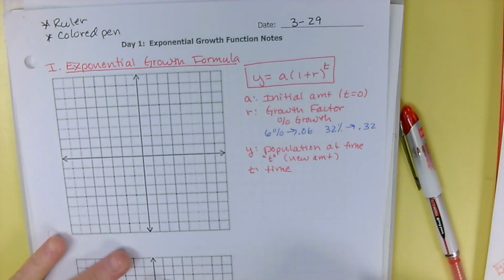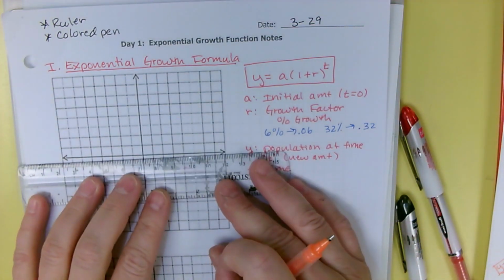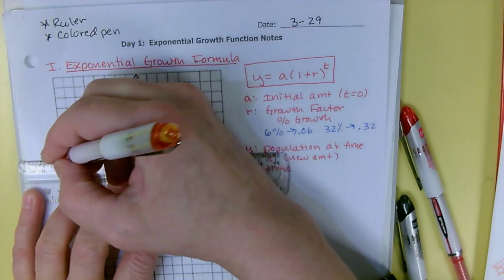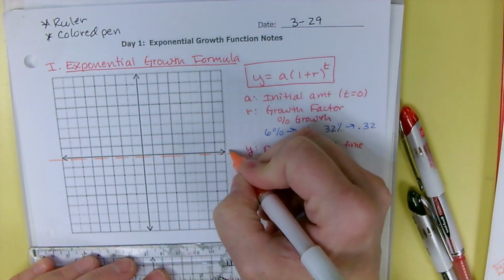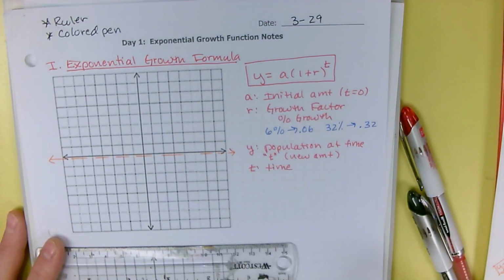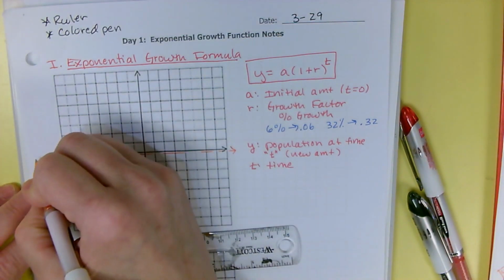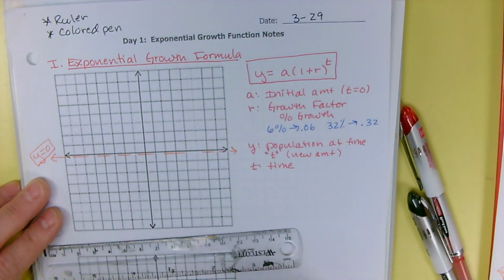All right, so we're going to draw a sketch of this. All exponential growth formulas have an asymptote that is horizontal. So you offset your ruler a little bit and you draw it with dashes and it gets arrowheads. And with asymptotes, you put their equation on one end or the other. So this is y equals 0, and put a box around it.